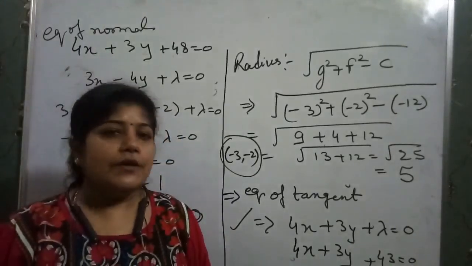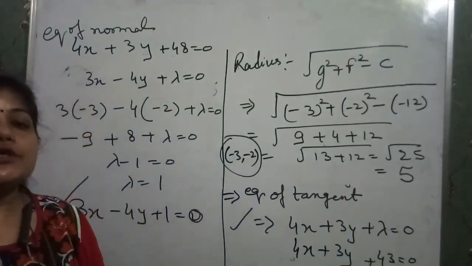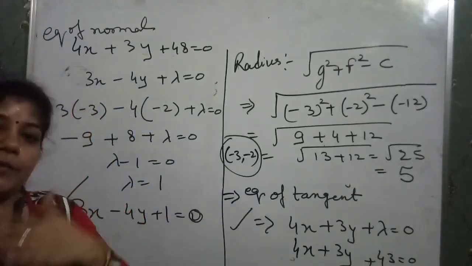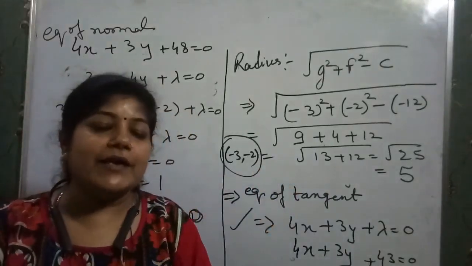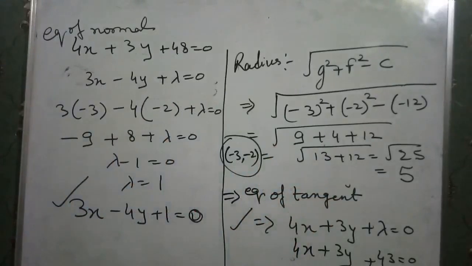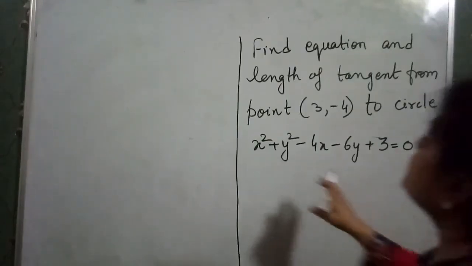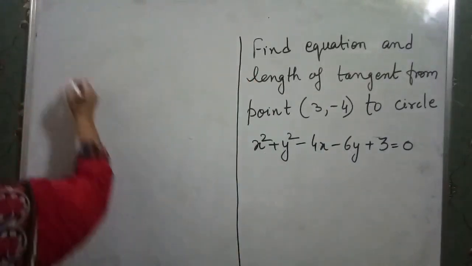Now I am going to explain how you will find the equation of pair of tangents, and before that I will also explain how you will find the length of the tangent.